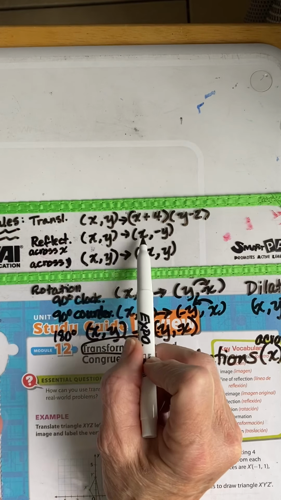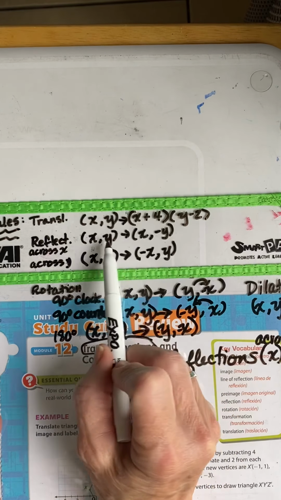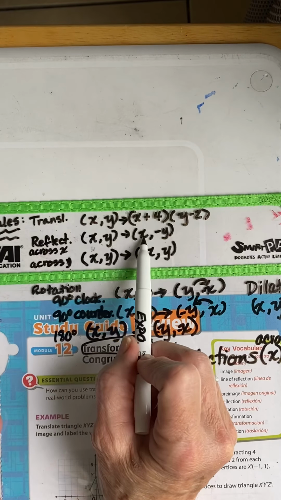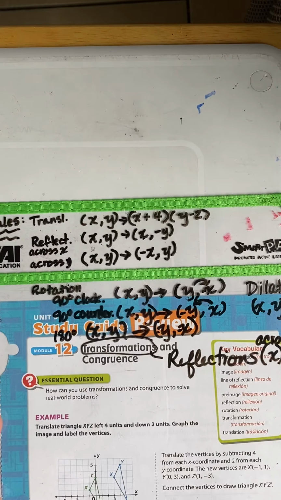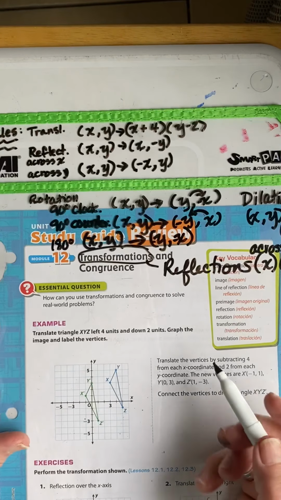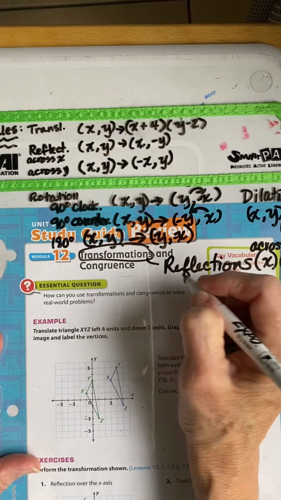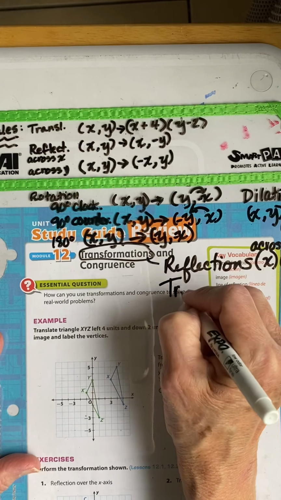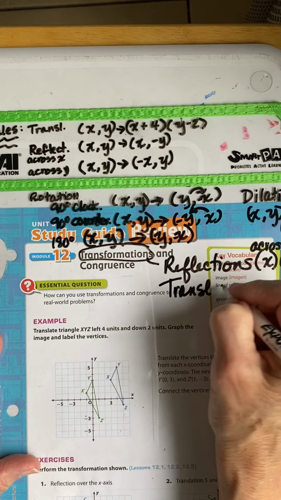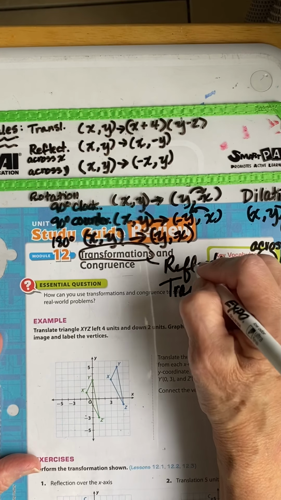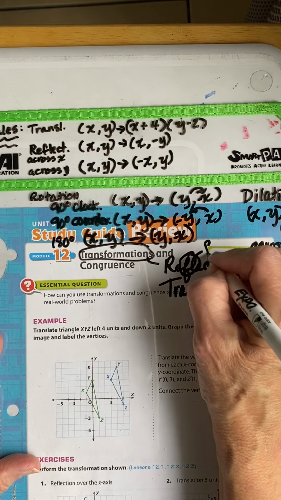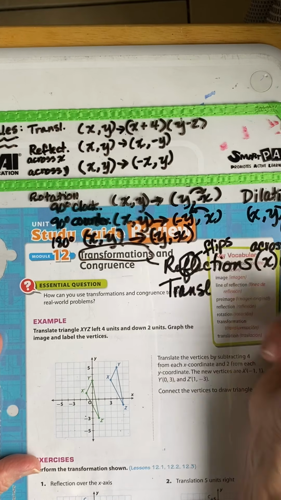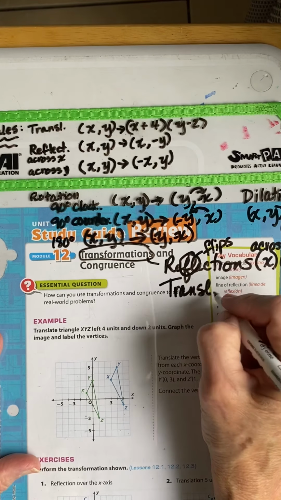They stay X, Y, but if it reflects across X, X stays the same and Y is negative, okay? The other one would be translation, where we know that means slide. Reflection means flip. It just flips across the X or flips across the Y.